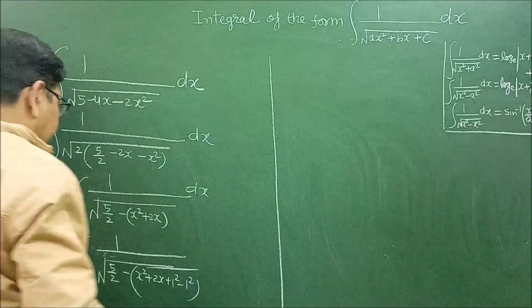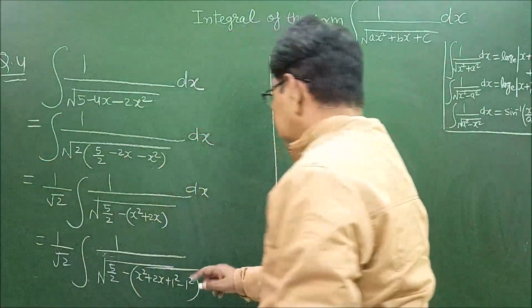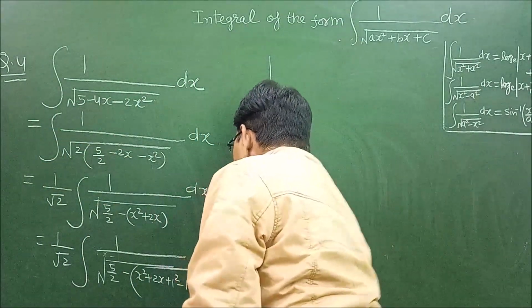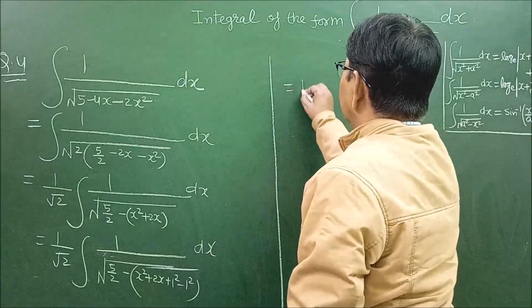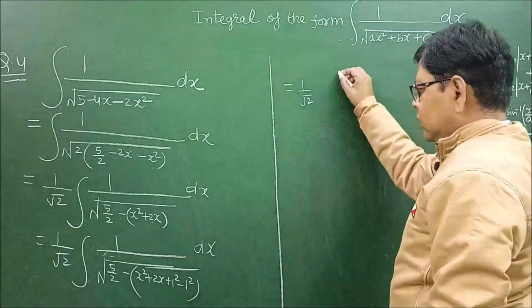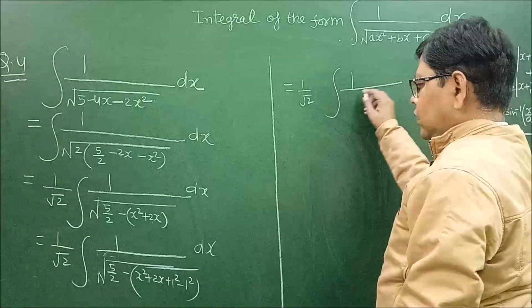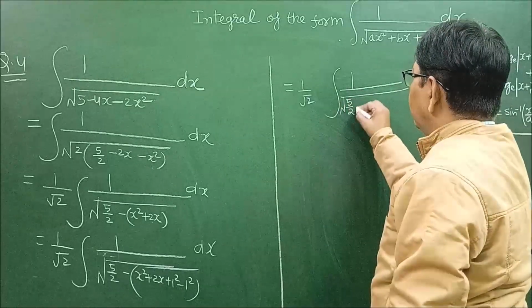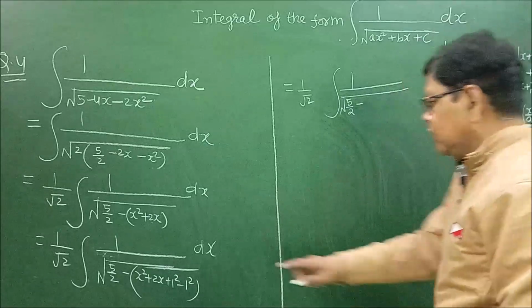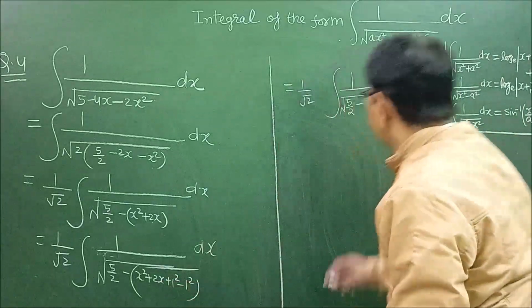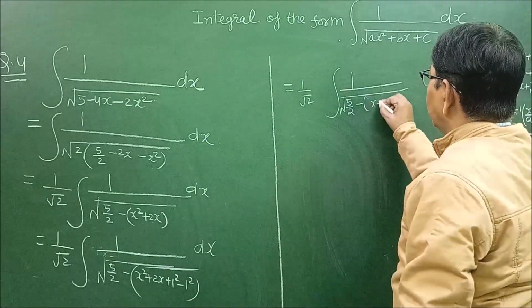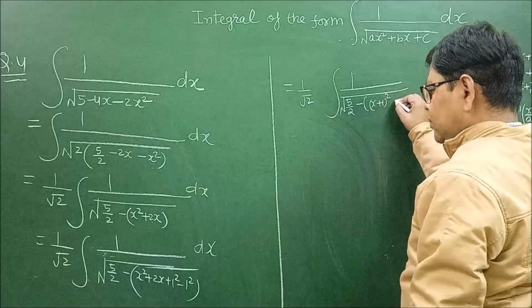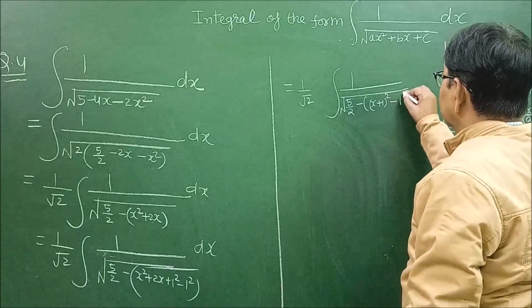Now this integral takes the form 1 upon root 2, 1 upon under root of 5 upon 2 minus, these three terms make a perfect square, x plus 1 whole square minus 1.